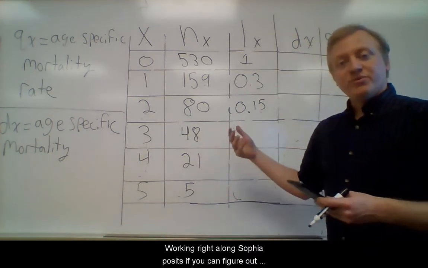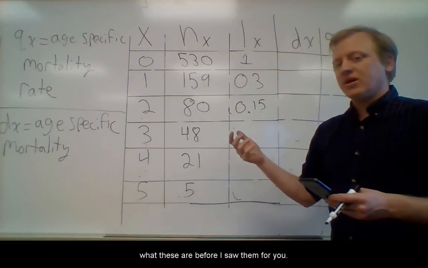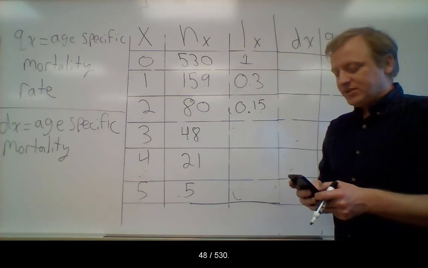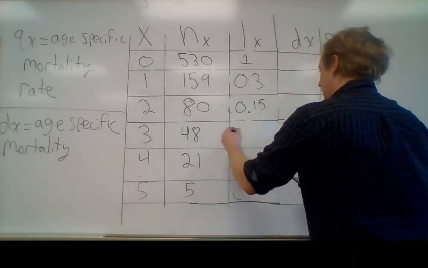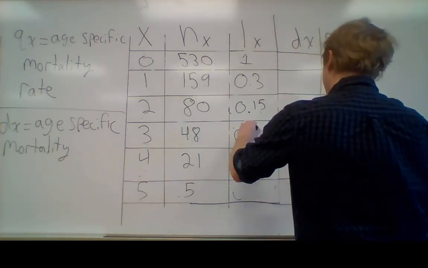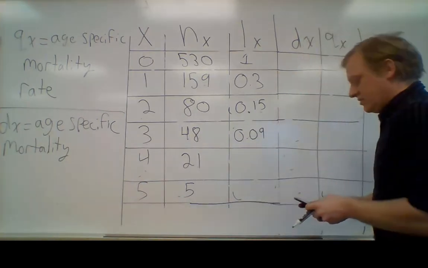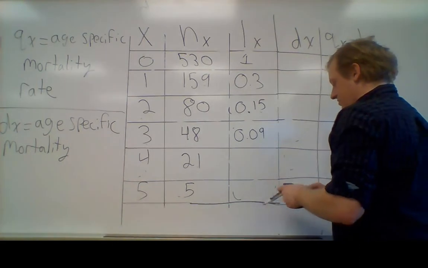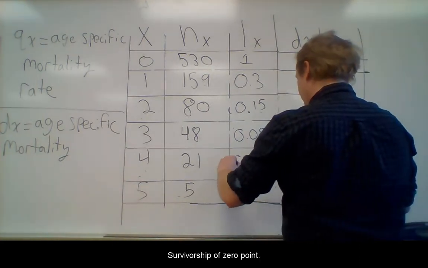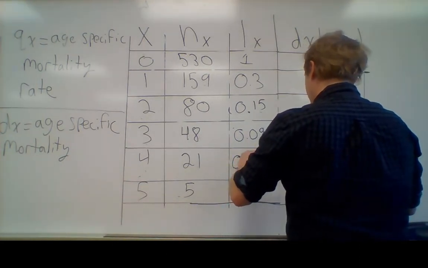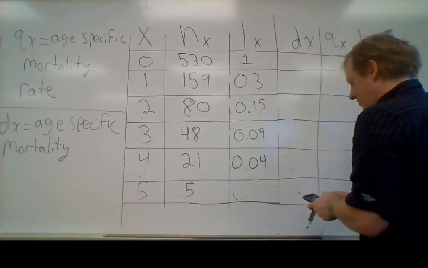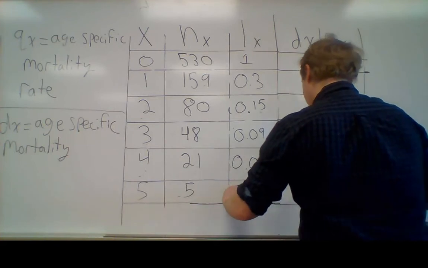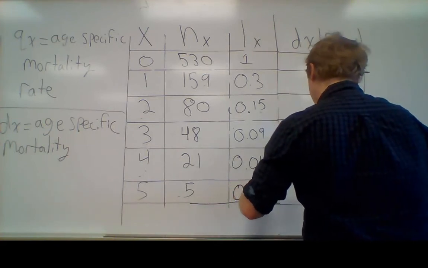Working right along, feel free to pause it, see if you can figure out what these are before I solve them for you. 48 divided by 530, 0.09. 21 divided by 530, this is a survivorship of 0.04, something like that. 5 divided by 530, 0.001.